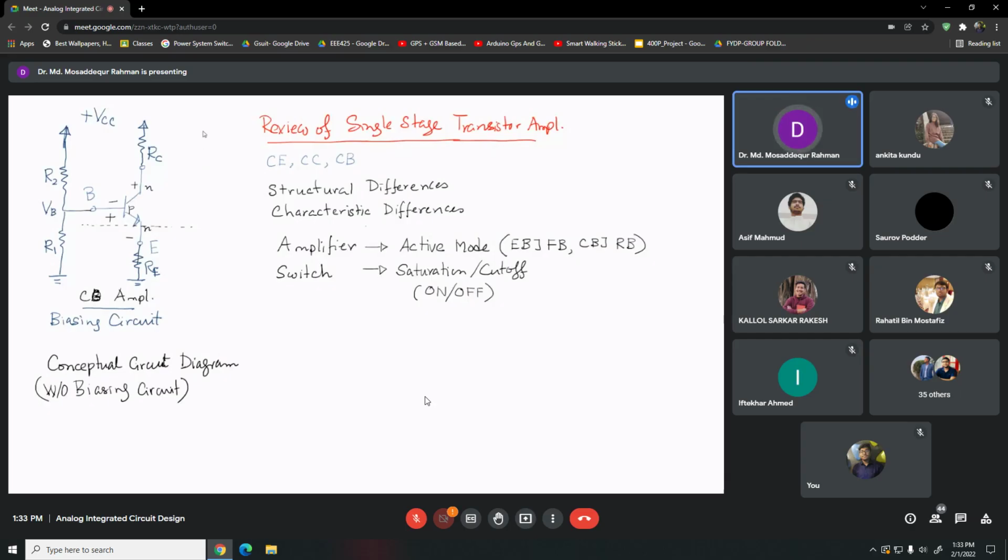This is how we can achieve this. And one thing we need to ensure here: this is our VB. Sorry, VC is the voltage. In order for the junction to be reverse biased, VC has to be greater than VB, so that this collector base junction will remain reverse biased.